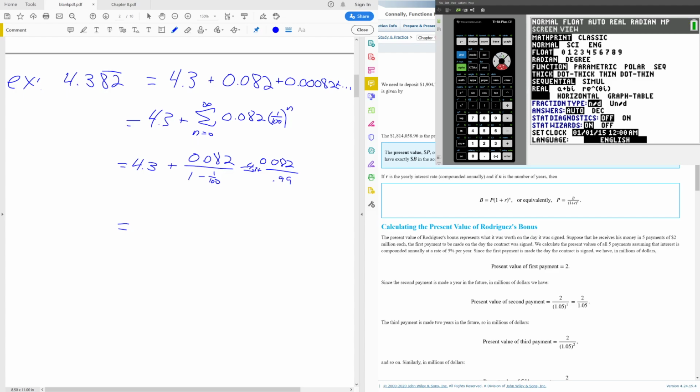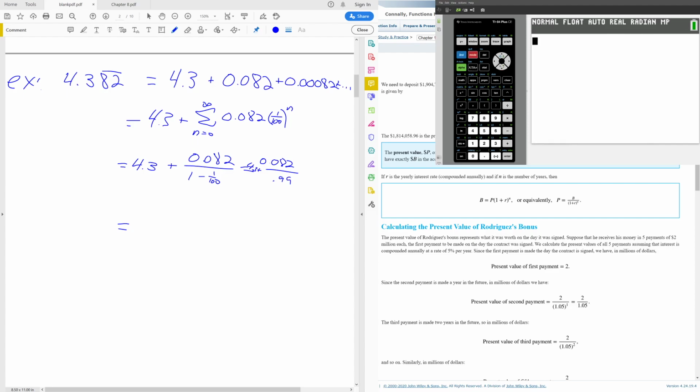Okay, well, I don't know where that is on this. I'm used to a different calculator. Okay, never mind. So let's do 0.082 divided by 0.99, and let's make it a fraction. It's 41 over 495.